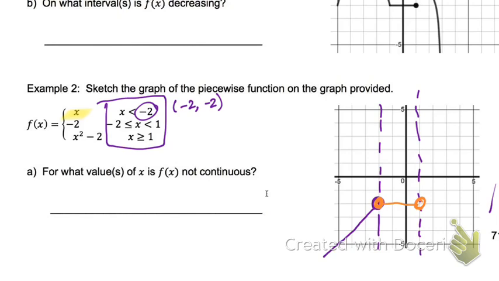And then x squared minus 2, if we want to use the way of drawing the whole graph and then erasing, what does x squared minus 2 look like? X squared is a parabola. Is it going to be pointing up or down, like a U or facing down? Up.